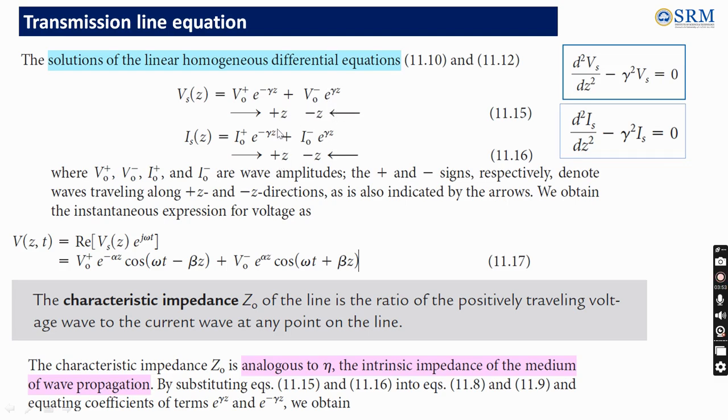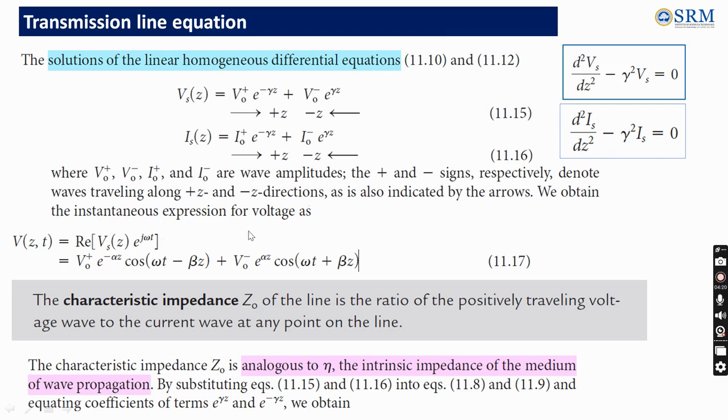Similarly, the current expression is given here. So V naught plus, I naught plus, V naught minus, I naught minus are the wave amplitudes. These signs represent that the wave is traveling along positive z, and here it is traveling along the negative z direction. This is the solution to our voltage and current equations in the transmission line.